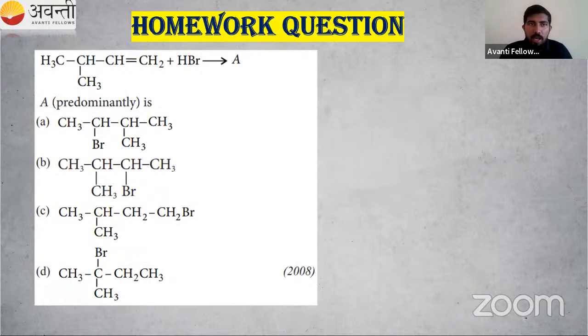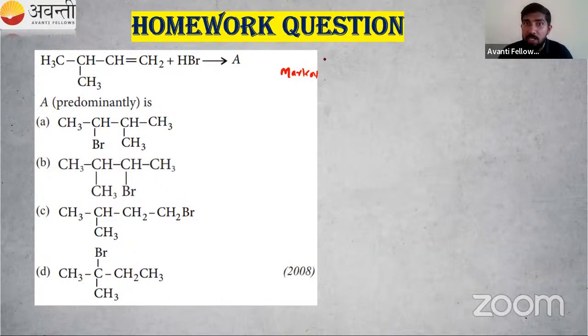Then the second one. So I have an alkene, the reaction of alkene in the presence of HBr. Here there is no peroxide. In the presence of peroxide, anti-Markovnikov. Here it is Markovnikov's rule. Okay, not anti. In the presence of peroxide only, anti-Markovnikov. So here you have to find the product. Then I will give you a hint. There is a chance for hydride shift.